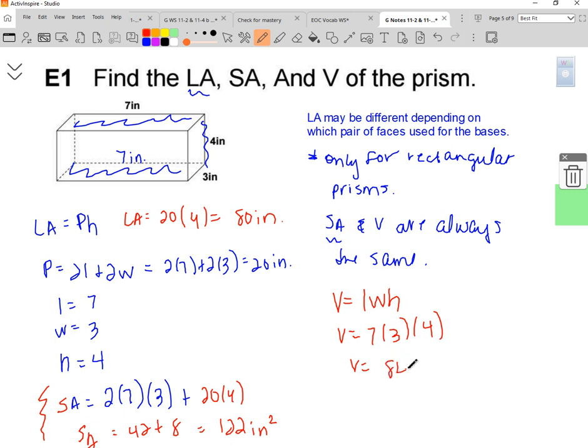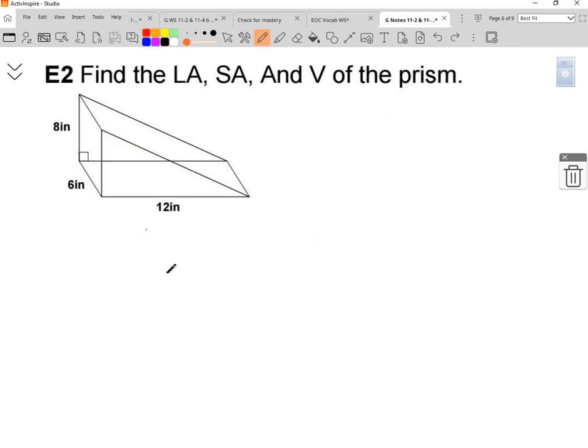I think that's 84 cubic inches. Any questions? All right. Example 2.